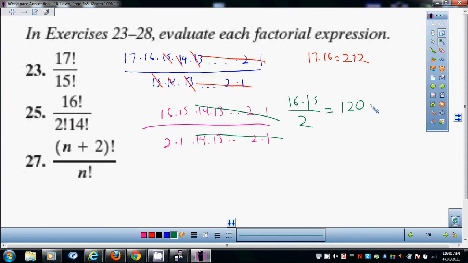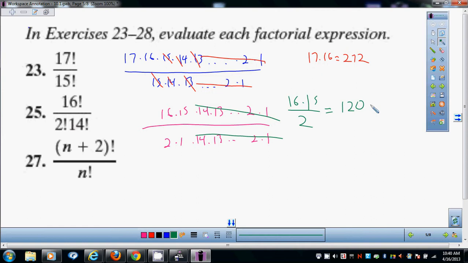What does a factorial do? It takes a number, it does what with it every time down? It multiplies it by what? That number minus 1, minus 1, minus 1, right? What is n plus 2 minus 1? N plus 1, that's right.